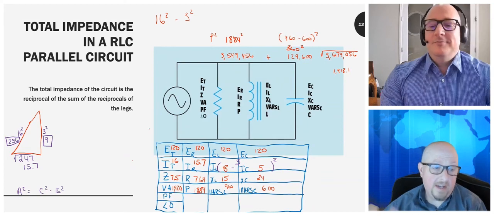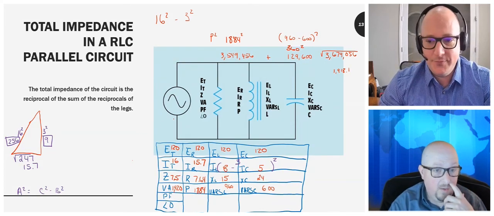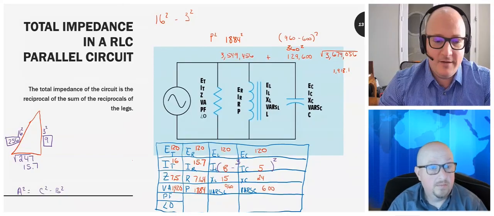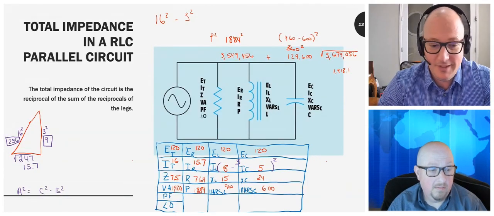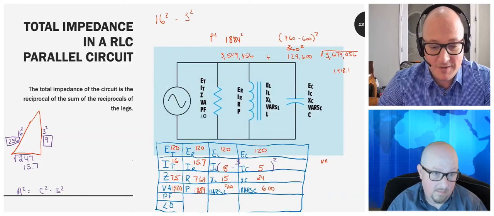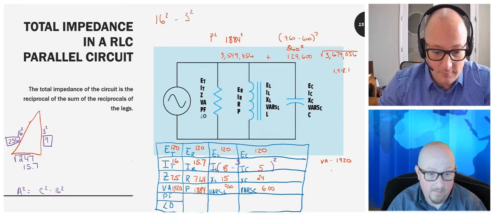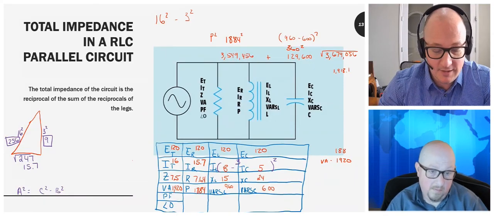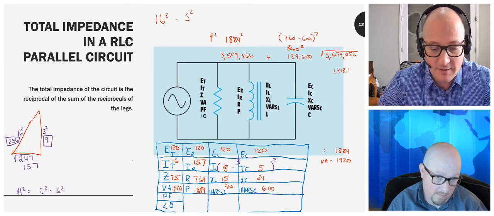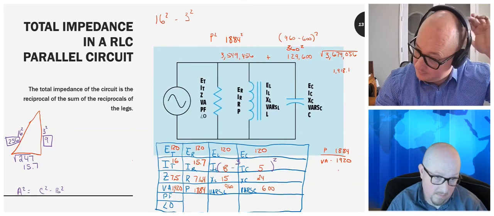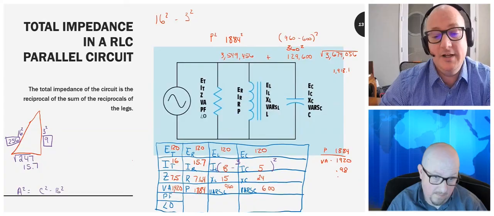So my power factor in all this. Power factor, again, pretty simple. What's the true power as compared to apparent? My watts over my VA, 1884 over 1920, 98% power factor, 0.98.